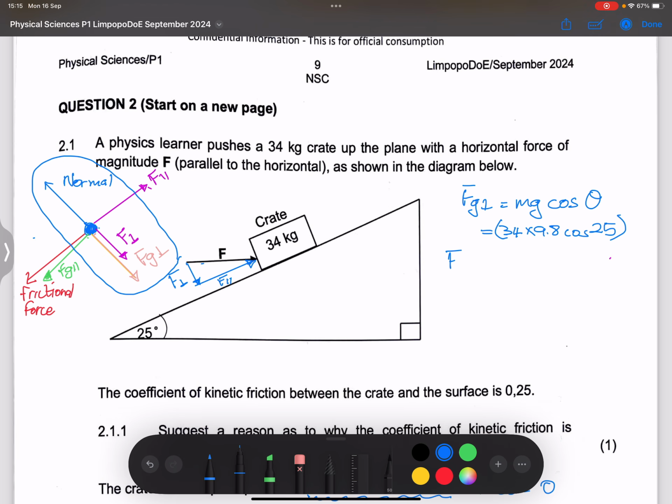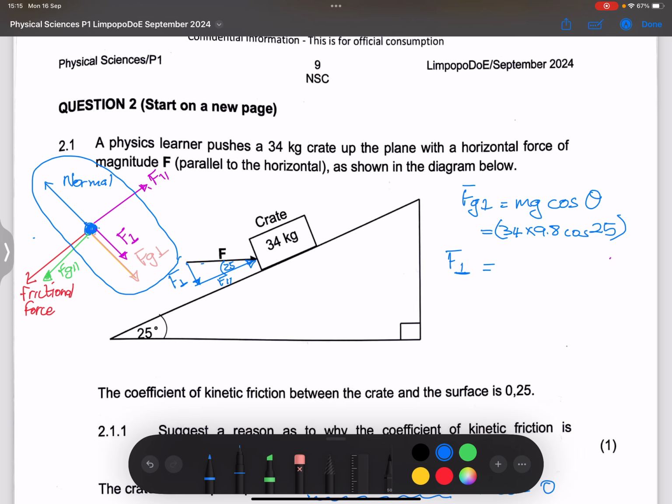But we also have F perpendicular, the perpendicular component of the applied force. Now I want you to please note this. If I look at that angle, that's also going to be 25 degrees. If you think about it, you can use alternating angles to try and prove that.